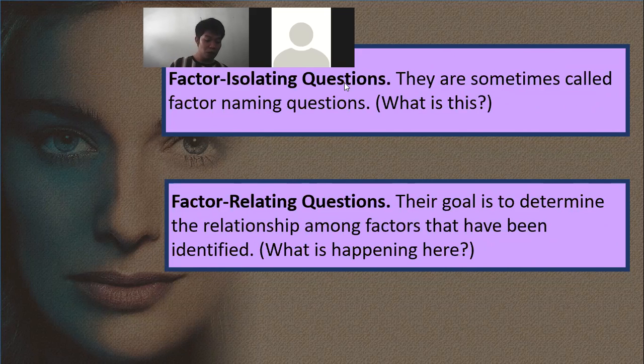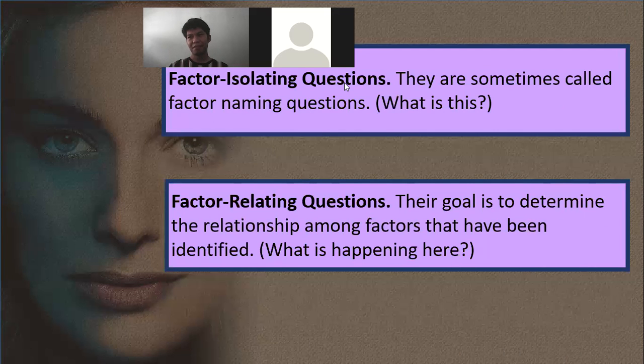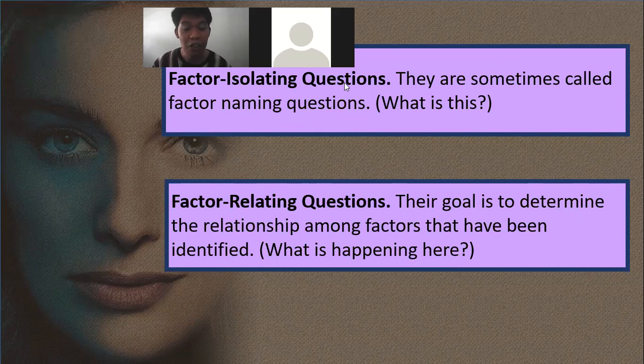Factor naming questions only need specific information, for example, what is your gender, your age, your civil status. That is called factor isolating questions.